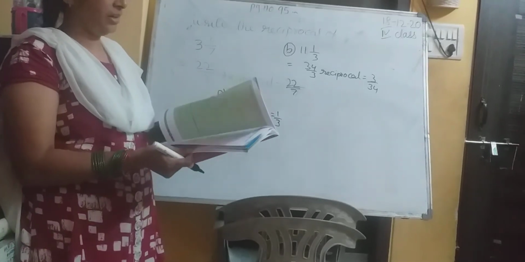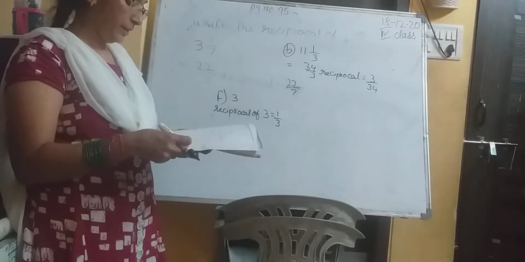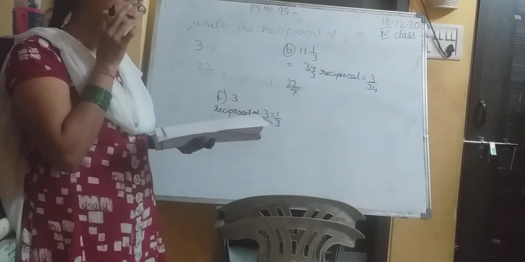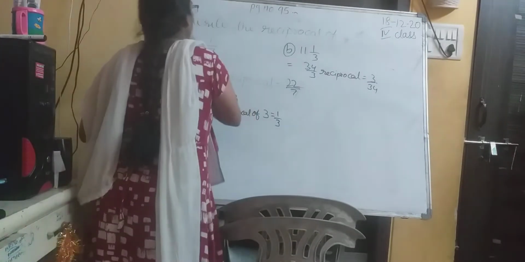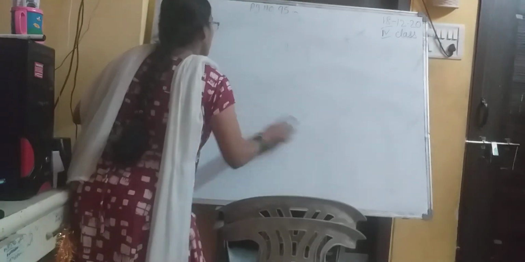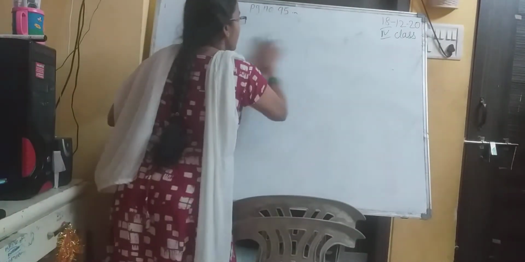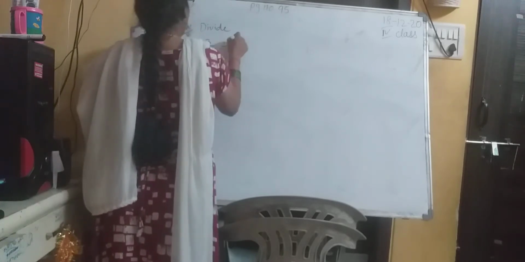Now go to the second bit, children. Divide. 3 1 by 5 divided by 1 by 5.